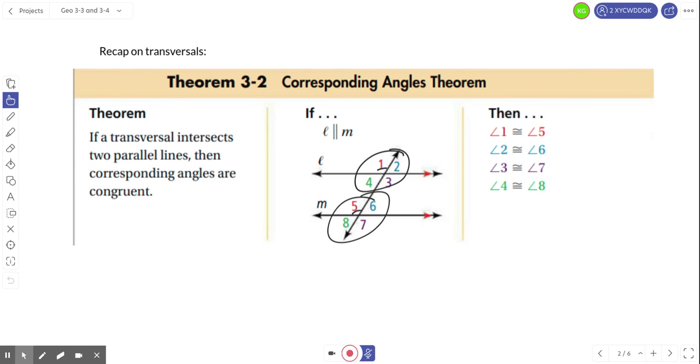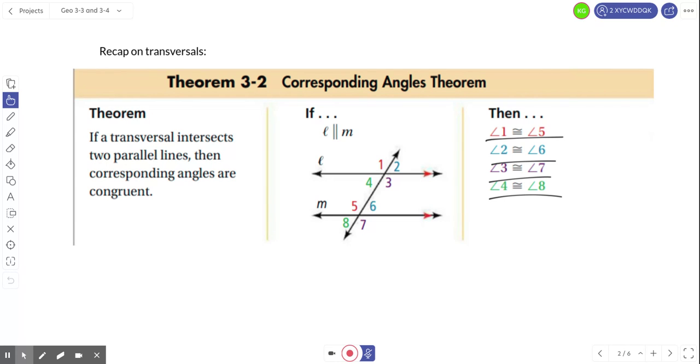So they are going to be congruent. Same with 2 and 6 are congruent, 3 and 7 are congruent, 4 and 8 are congruent. So that's something we already know about transversals, or when a line goes across parallel lines. You get all these pairs of corresponding congruent angles.